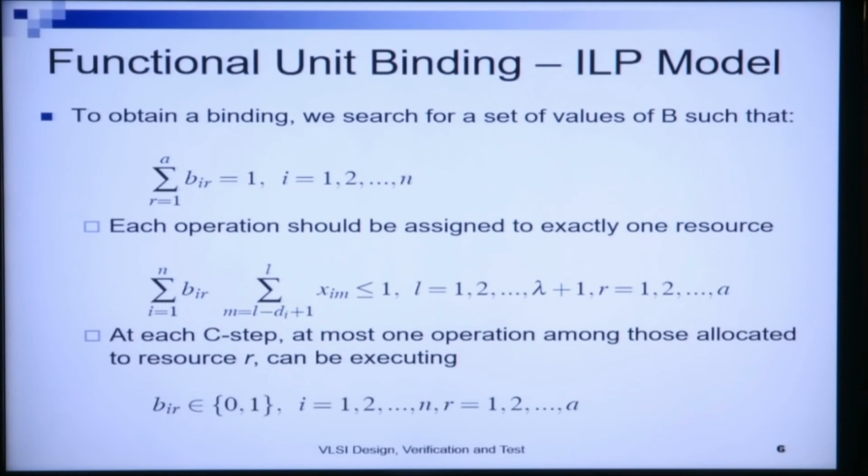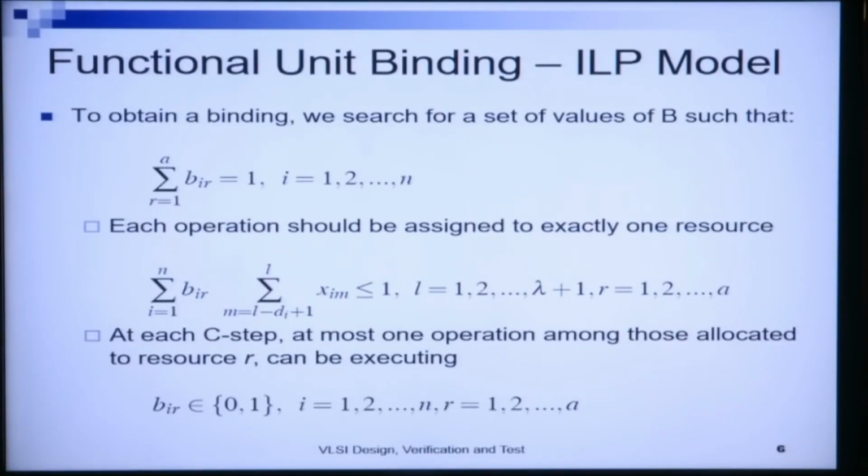Now, there cannot be two operations at a given time that are bound to resource r and are both executing, and hence the multiplication of these two terms has to be less than or equal to 1. Therefore, we get what we want: at each control step, at most one operation among those allocated to resource r can be executing.